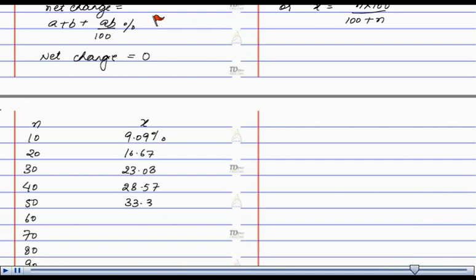Substituting the values of n as 10, 20, 30 and so on and tabulating the results, we get x as 9.09%, 16.67%, 23.08%, 28.57%, 33.33, 37.5, 41.18, 44.44, 47.37 and 50. This is the required solution.